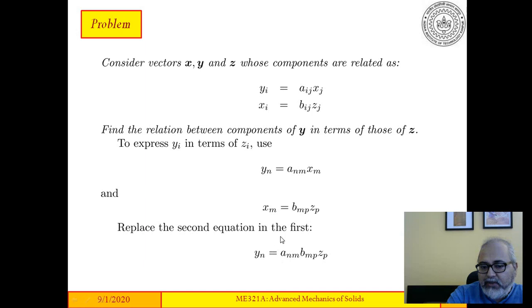So each equation will have 9 terms in it, and the 9 terms are grouped in threes because zp can take 3 values, z1, z2, z3. So these are the new coefficients. anm bmp are the new coefficients that now relate y to z. And we have got that just by the use of the summation convention.